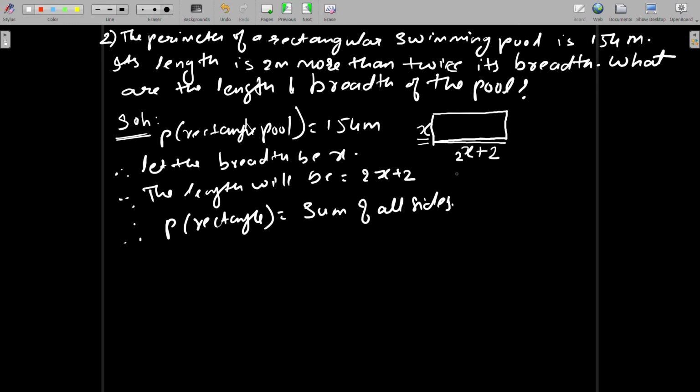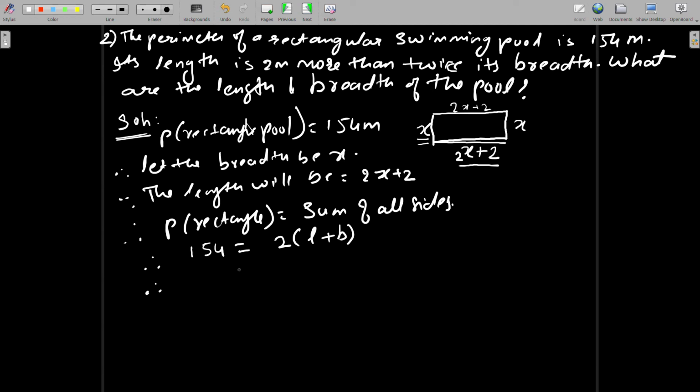Now what are all the sides? If this is 2x plus 2, this will be 2x plus 2, and if this is x, then this will also be x. Therefore the perimeter of all sides is 154. Now instead of writing 2x plus 2 plus 2x plus 2 plus x plus x, the formula for the perimeter of a rectangle is 2 into (L plus B), length plus breadth, right?